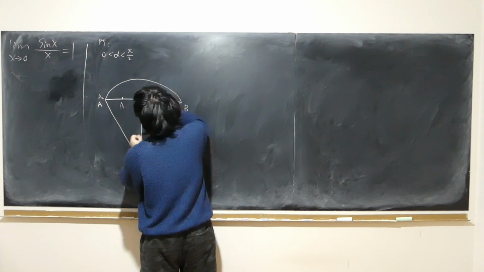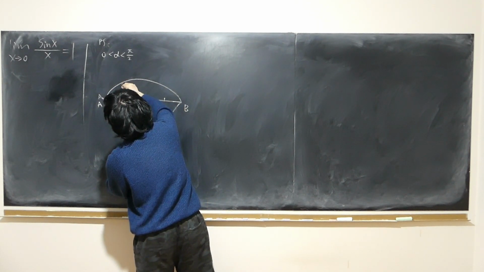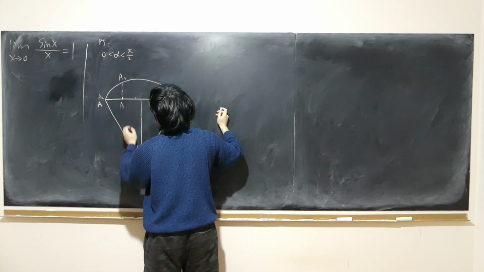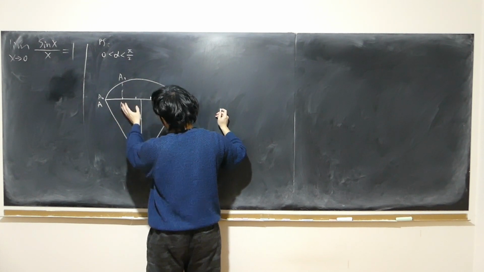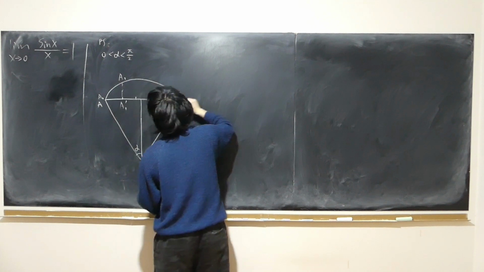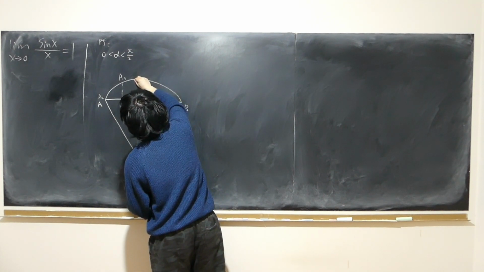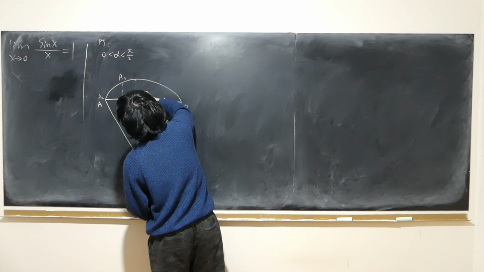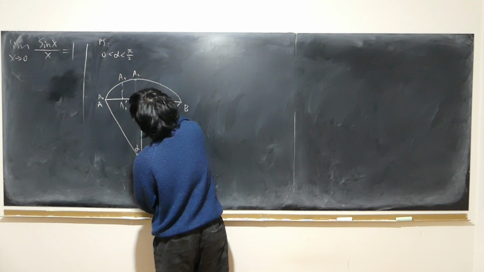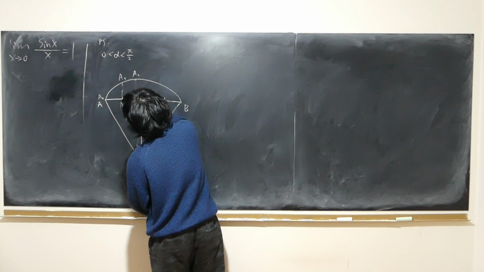Equal parts. Then I'm going to draw this point A1, and the projection of A1 onto this line segment is A1 prime, and also this point A2 projection is A2 prime. Right?